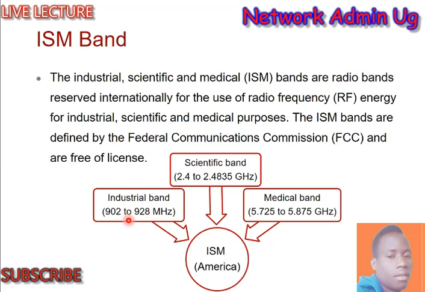For the scientific band, it is 2.4 gigahertz for all countries. Most of the countries, the scientific band is the same. They range at 2.4 gigahertz, and this includes all your Bluetooth and Zigbee devices that have the capacity to work at the 2.4 gigahertz band.